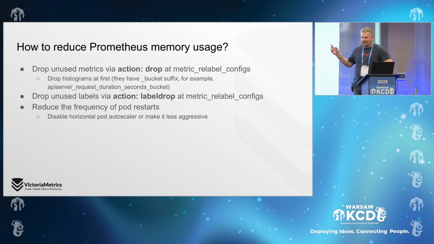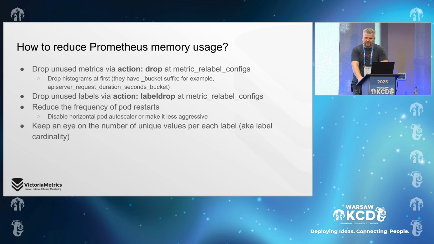So the first thing to do is to reduce the frequency of this resizing in your horizontal pod autoscaler if you use it, or just don't use it and manually scale the number of pods according to resource usage metrics.